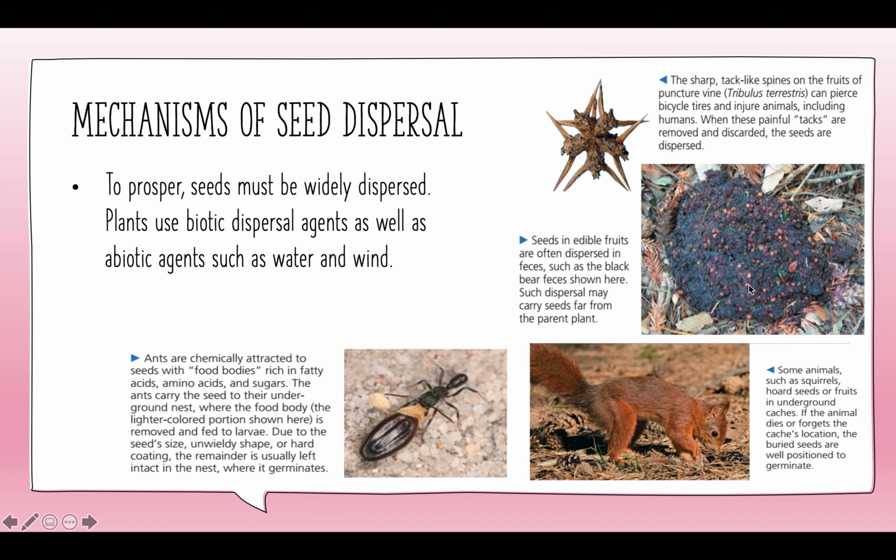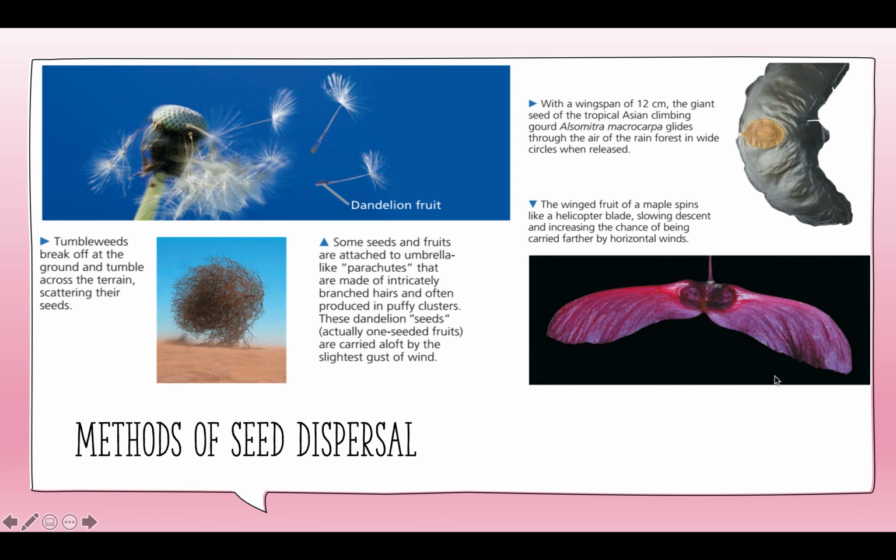In here, it can germinate to become a new plant. Wind and water can also distribute seeds. Wind-dispersed fruits such as those of dandelions and maples have wings or other structures that catch air currents. Water-dispersed fruits include gourds and coconuts, which may drift across the ocean before colonizing distant lands.